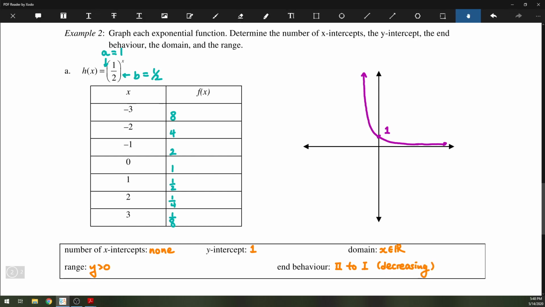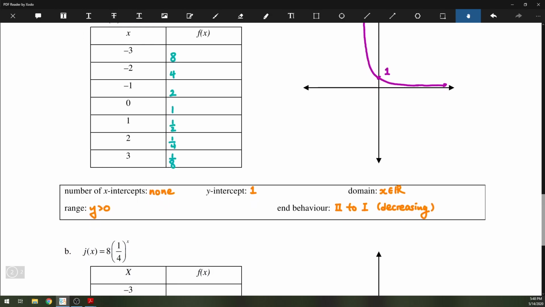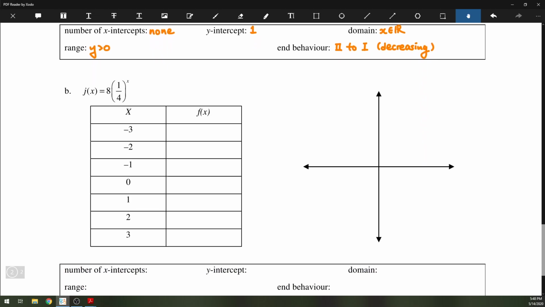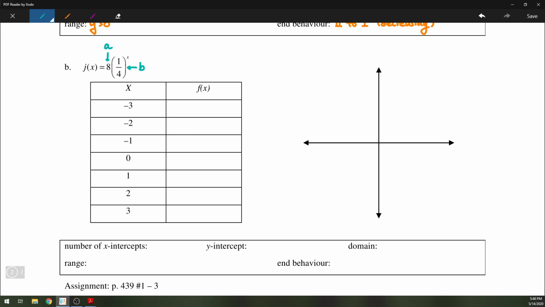All right. One more. Again, very similar kind of thing. This time around, the a value is 8, and the b value is a quarter. So 1/4 to the negative 3 power, and then multiply by 8, you actually end up with 512.